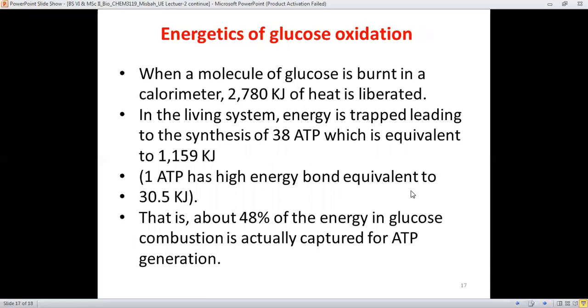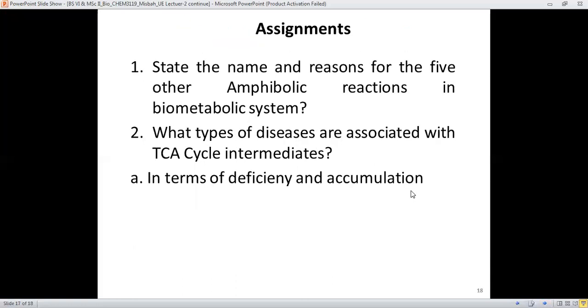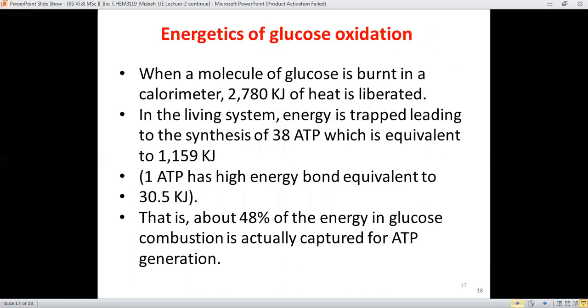Here are the energetics of glucose oxidation, in a sense that when a molecule of glucose is burned in the calorimeter, it liberates 2780 kilojoules of heat.